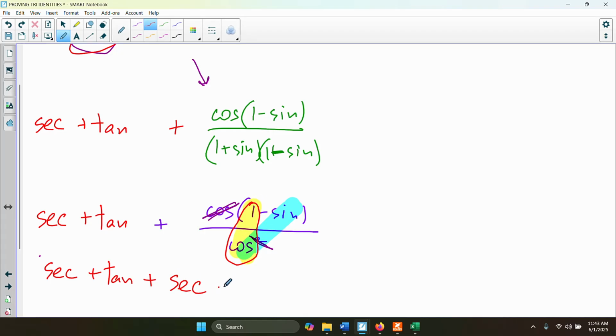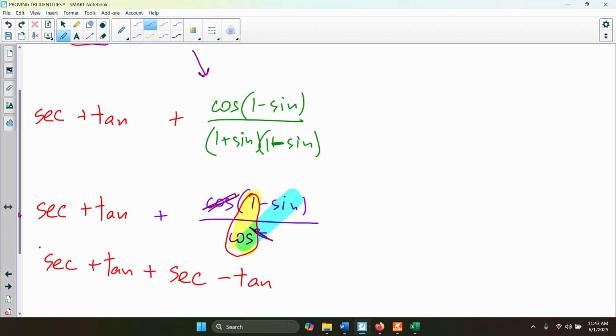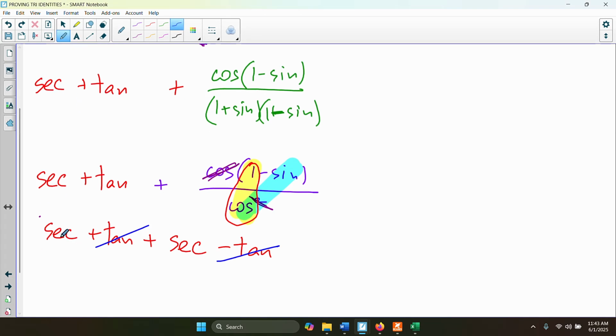And what is negative sine divided by cos? Well, that's tangent. And look what happens. That was great. Tangents cancel away, leaving you with secant plus secant. Well, they don't cancel, they combine. 2 secant theta.